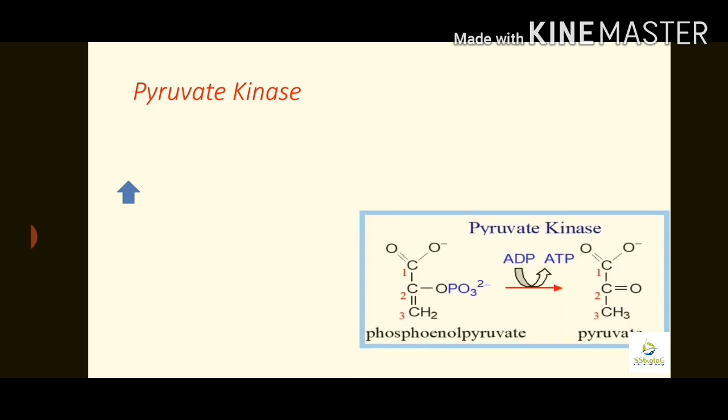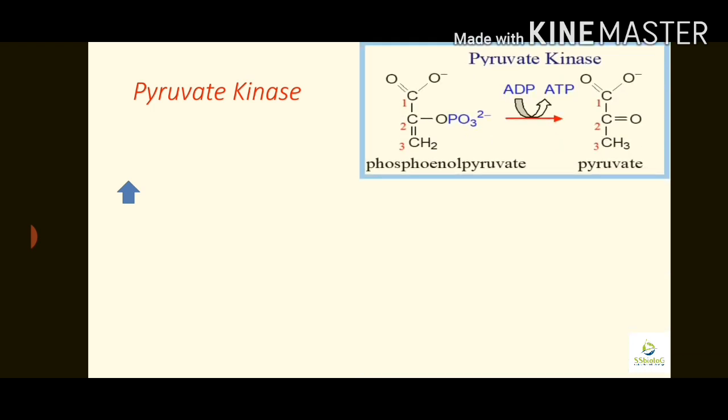The last enzyme that controls the glycolysis process is pyruvate kinase. It converts phosphoenolpyruvate to pyruvate. It is the last step of glycolysis and is controlled in the liver partly by modulation of the amount of enzyme.